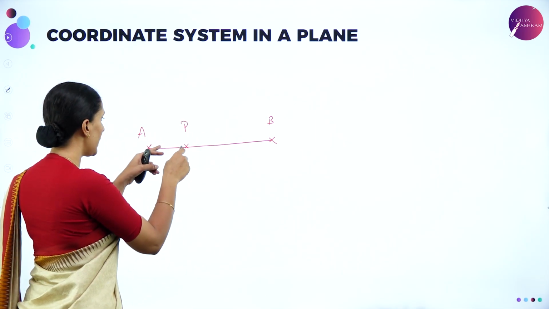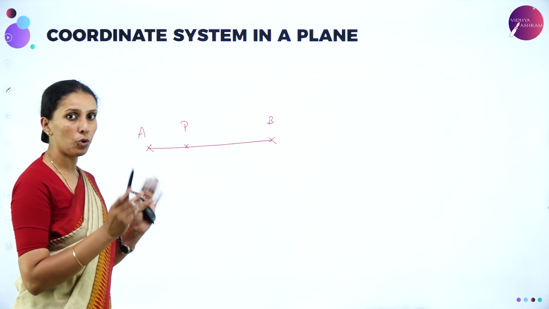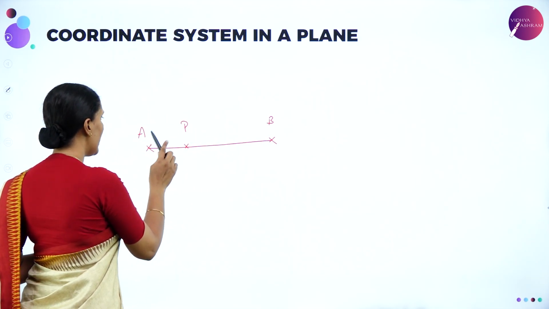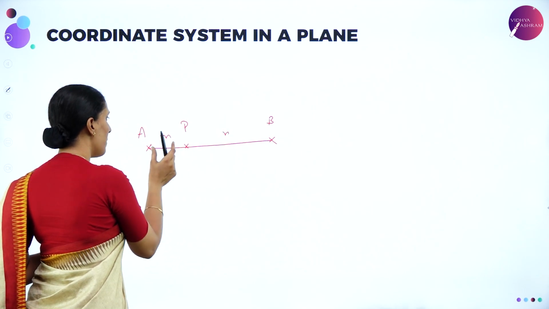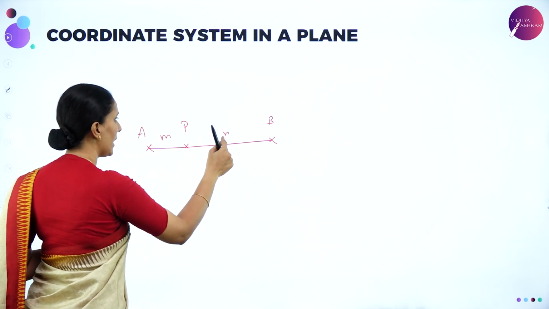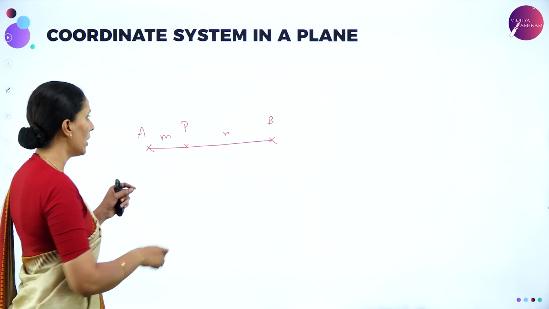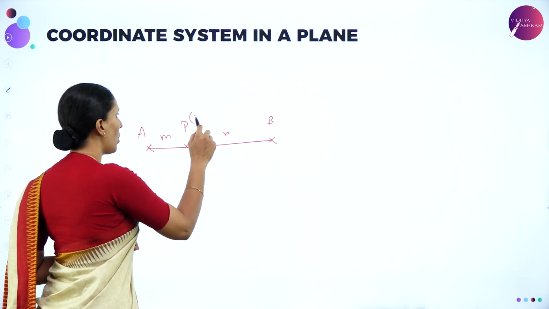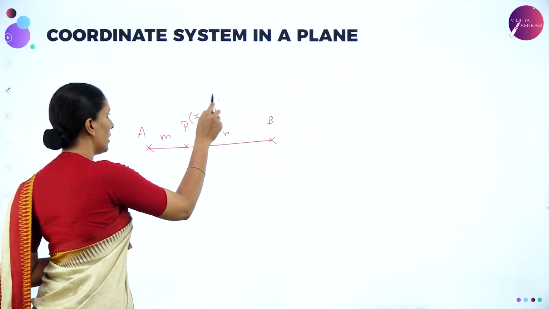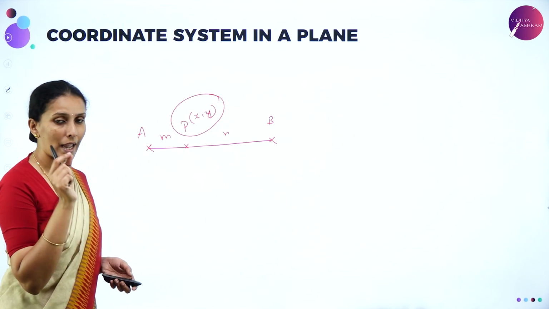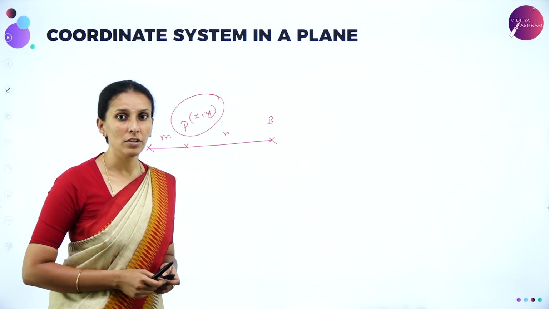That means this P is dividing the line segment into 2 parts in the ratio m is to n. Let m be the distance AP and let n be the distance PB. So that is in the ratio m is to n. Then what are the coordinates of this point?